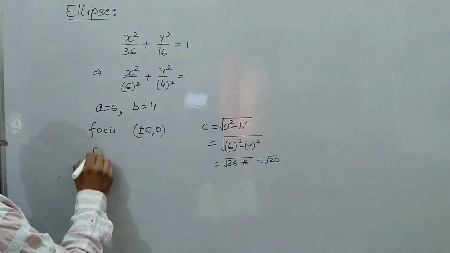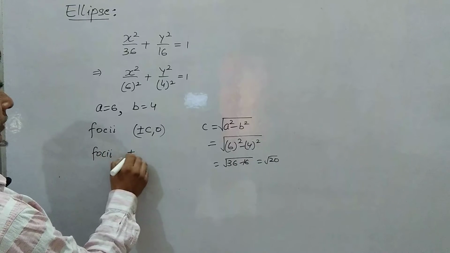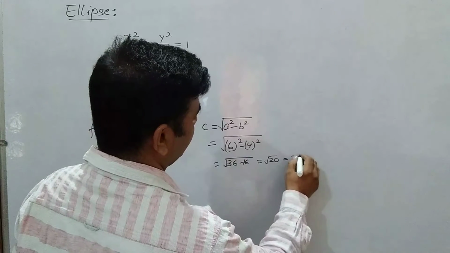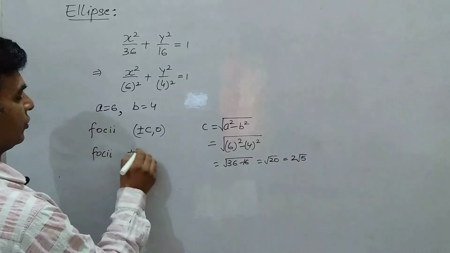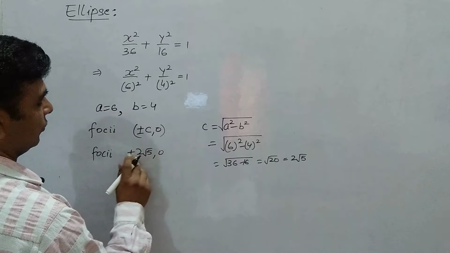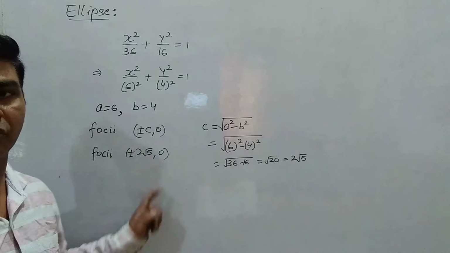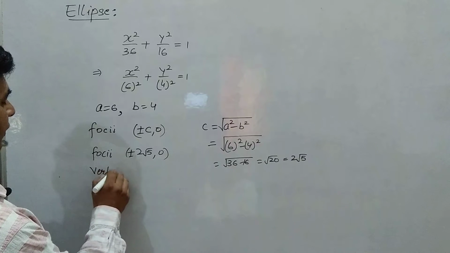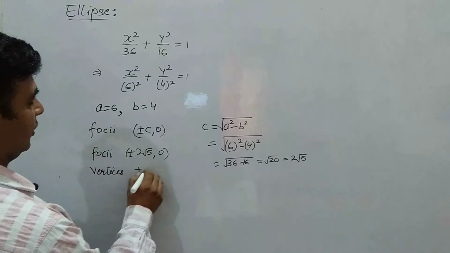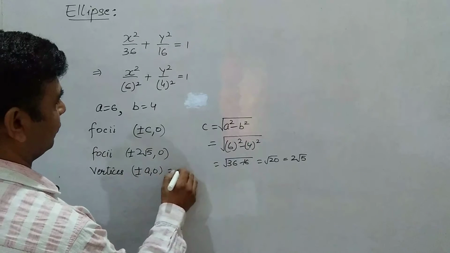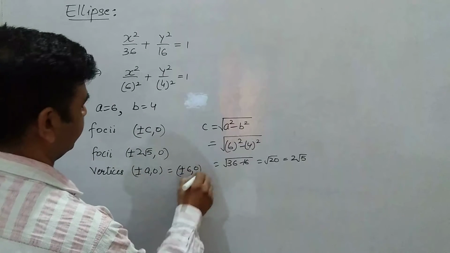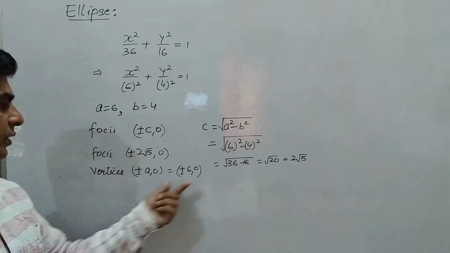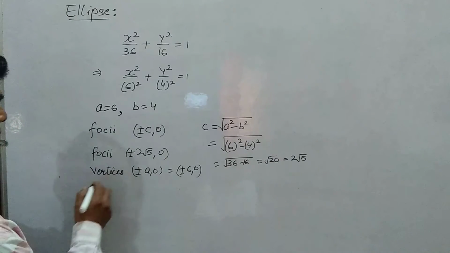So the foci are plus minus root 20, and root 20 can be written as 2 root 5. So the foci are plus minus 2 root 5 comma 0. The vertices are given by plus minus a comma 0, which are plus minus 6 comma 0.